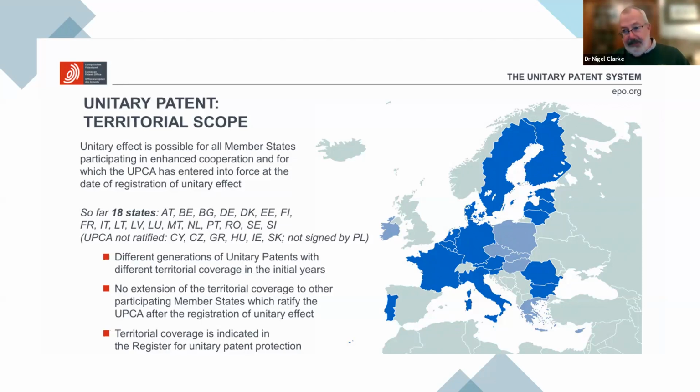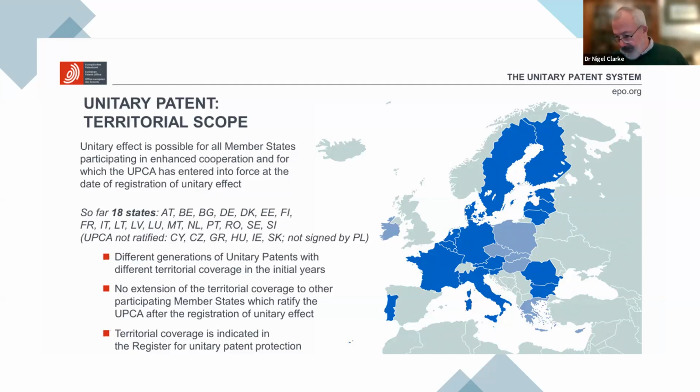As time goes on, more and more member states will join the unitary patent and the Unified Patent Court. But at any given moment in time, until they've all joined, there will be exceptions, there'll be absences. And it means that there'll be different generations of unitary patents with different territorial coverages in the initial years as more and more countries join in.